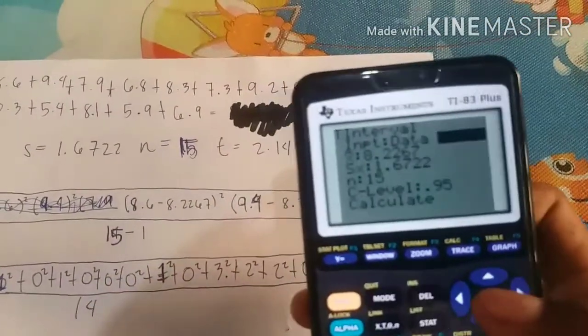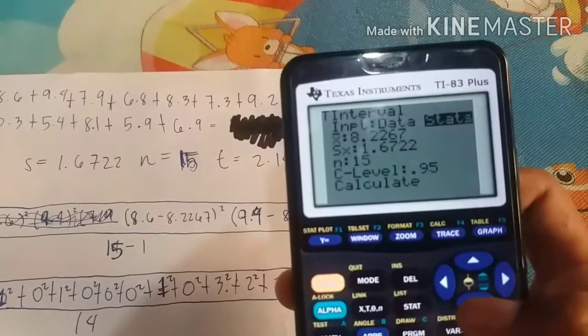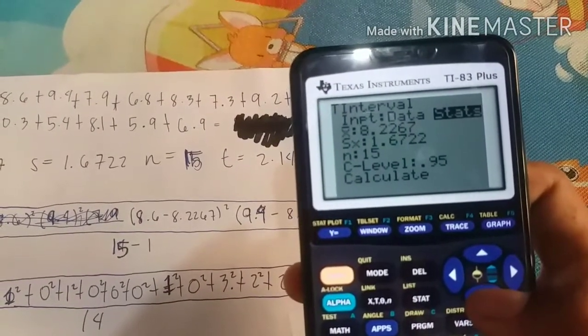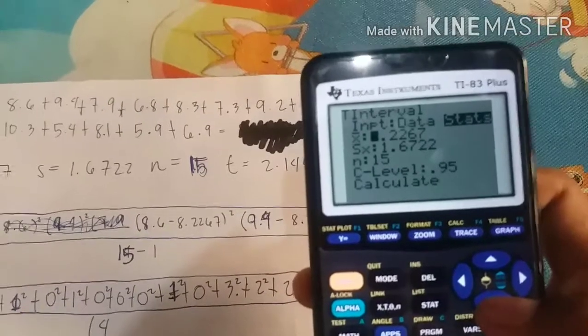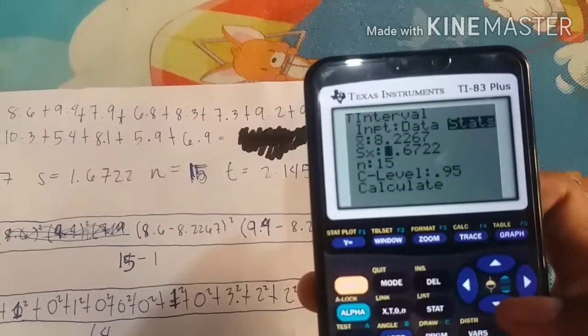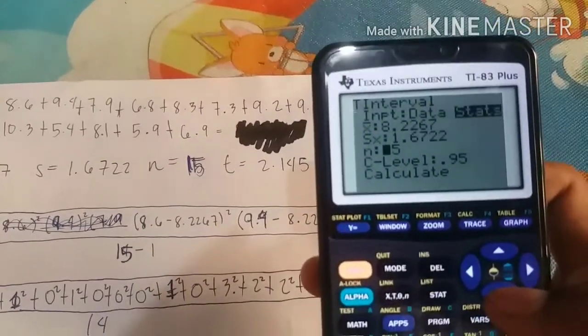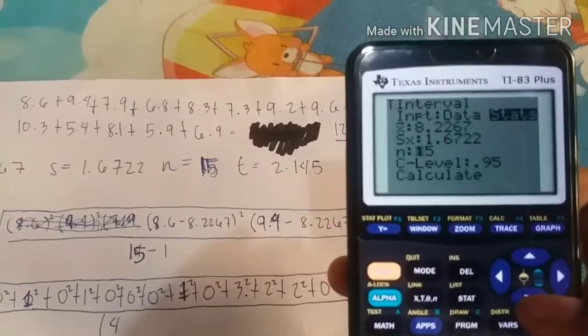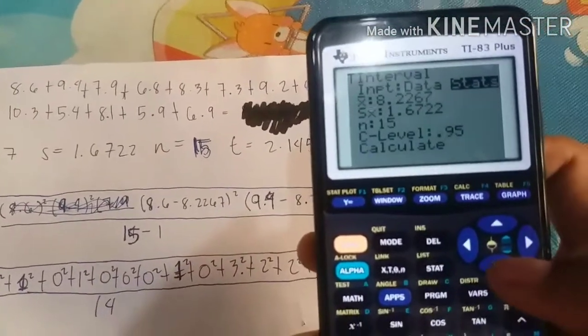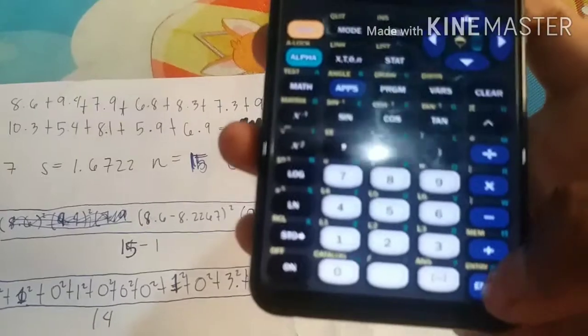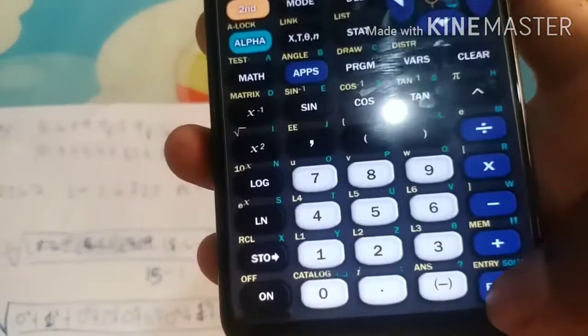So yan na, 8.2667, 1.6722, and 15 the sample size, and confidence level 0.95. Calculate, press enter ulit.